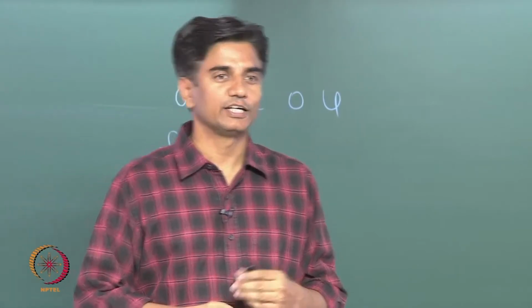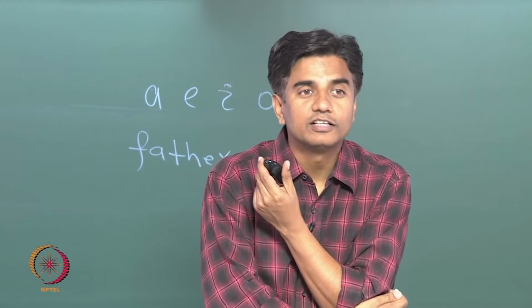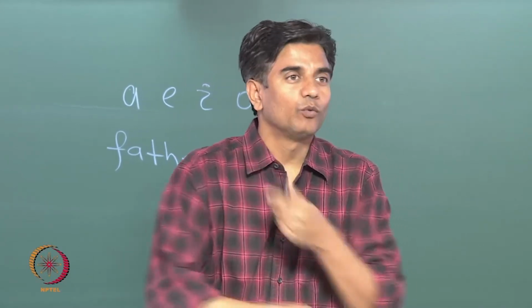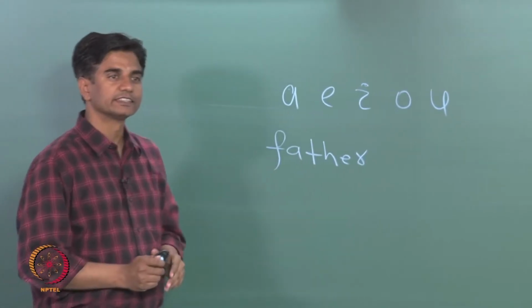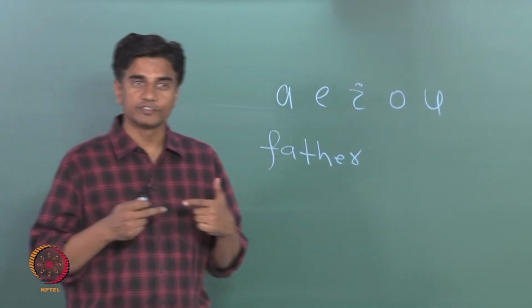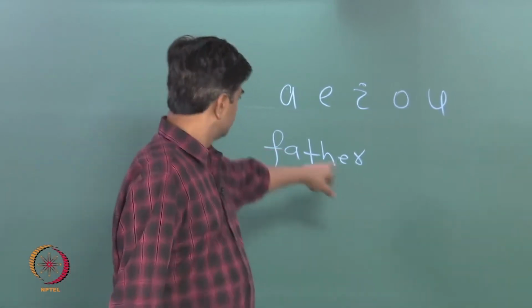Did this raise any question in your mind? Did you ask this question? What's the next vowel of this word? When we say this word, what's the next vowel? A. What do we write?